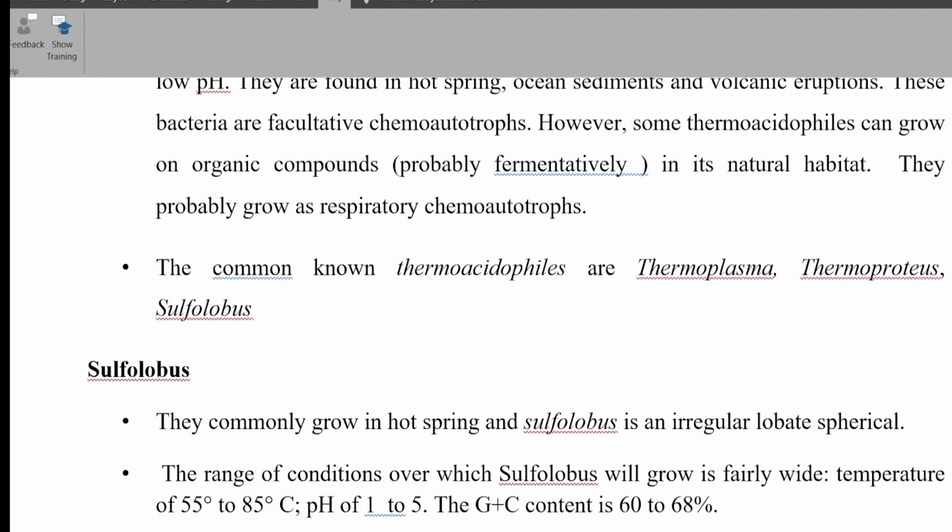So it means they can grow from 55 up to 80 or 85 degrees centigrade, and pH ranges from 1 to 5. It means it is a highly acidic condition, and they also have a GC content of 60 to 68%. This GC content helps the survival of the microorganism in adverse conditions.